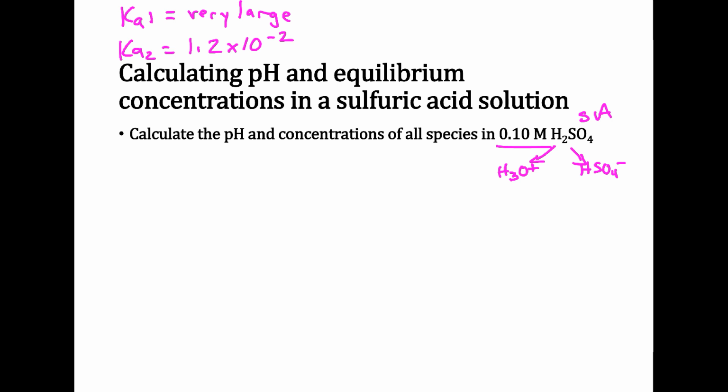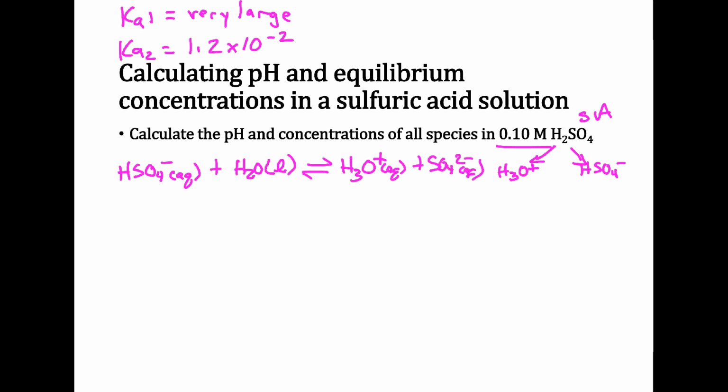So we can actually skip to our second ICE chart here. So we can look at the removal of the second proton. So we'll start with HSO4 minus plus H2O yields H3O plus and SO4 2 minus.